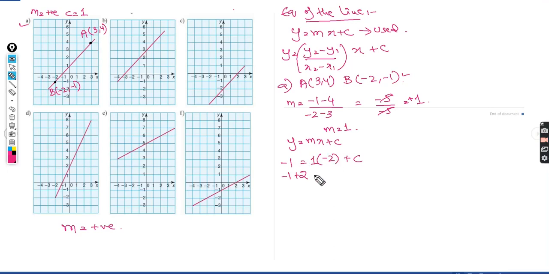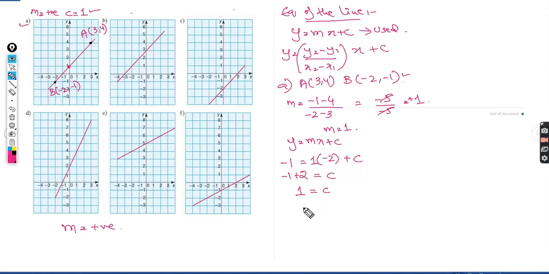Negative 2 goes to the other side and becomes positive 2, equals c. Minus 1 plus 2 gives me plus 1 equals c. Notice over here that our c is also plus 1, which is what we had to find out. So now we see that we are on the right track.